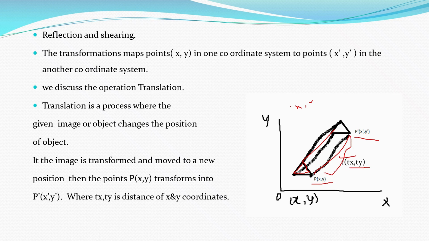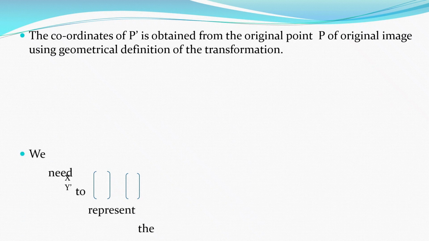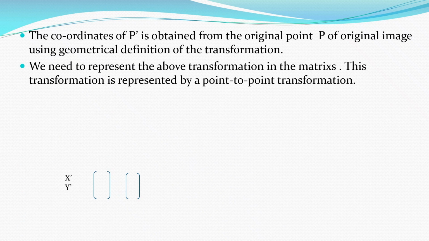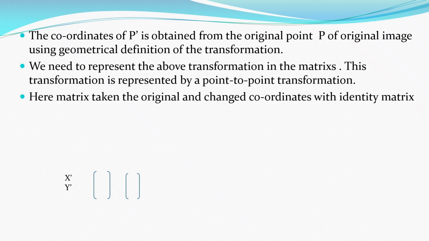So P dash x dash y dash is the changed object position. With the help of this we can see an example. We discussed that the original coordinates are P and the changed ones are P dash.